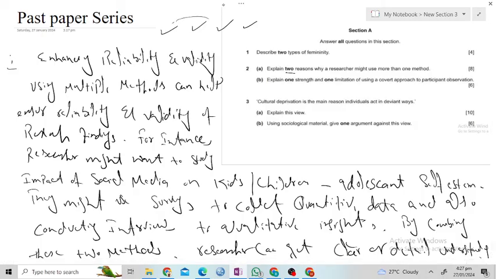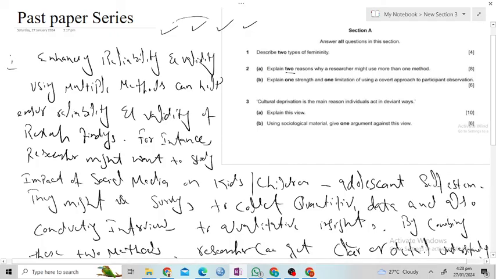Like, as they said, the multiple methods or why researchers use more than one method, so how your heading supports the argument or the question as well. So you need to wind up the question in each heading.